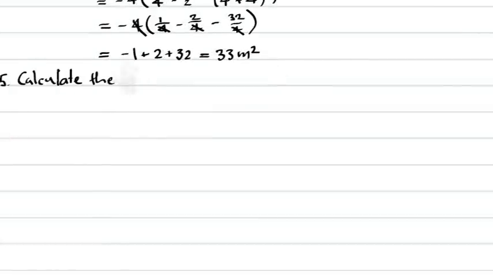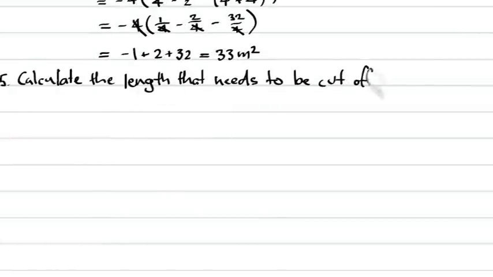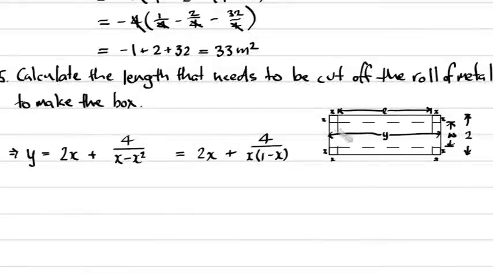The last part of the problem asks us to calculate the length that needs to be cut off the roll of metal to make the box. Let's just reacquaint ourselves with the original diagram and copy it back in here. So remember that y is the solution that we're looking for here, and copying our expression for y in terms of x, y equals 2x plus 4 over x minus x squared, or if you like, in its factorised form, 2x plus 4 over x outside of 1 minus x.